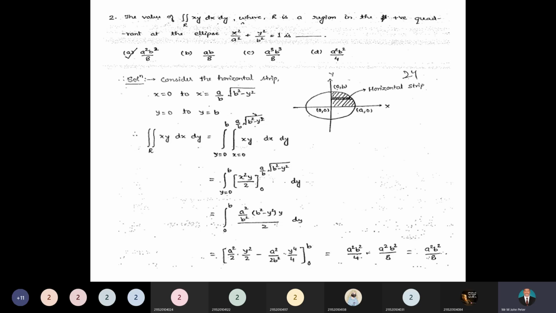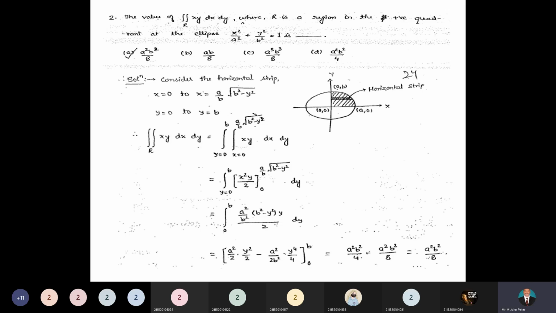In the first quadrant, both x and y take positive values. That's why they take x equal to a by b root of b square minus y square. Got it? First step, from the ellipse, x square by a square is equal to 1 minus y square by b square. Next step, x square equals a square into b square minus y square, divided by b square.